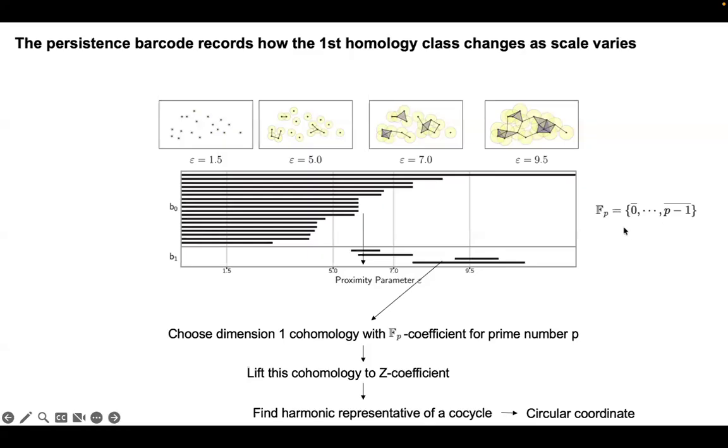Is it necessary for persistent homology? Yeah, both of them are isomorphic when this is a field. Why do you need the field?